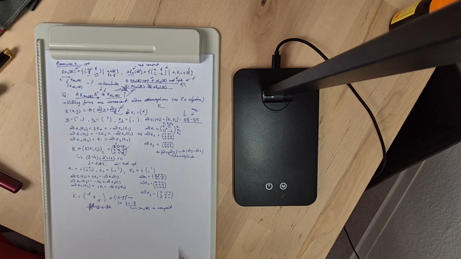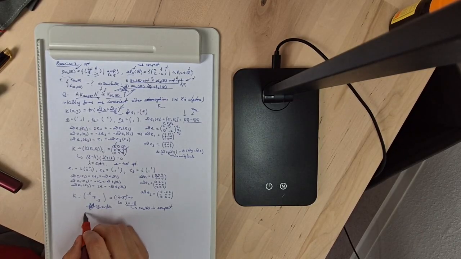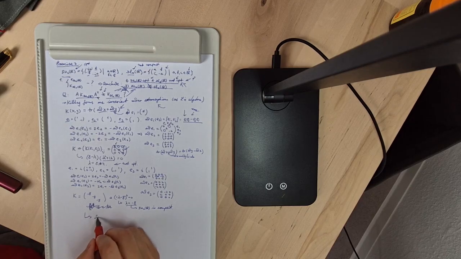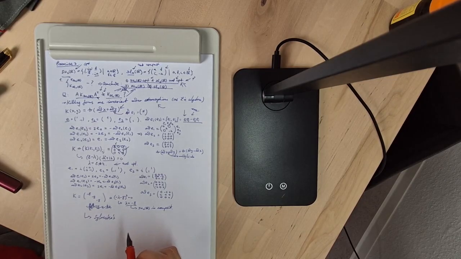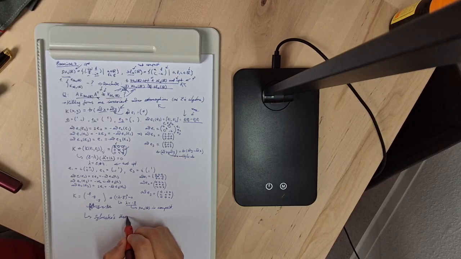I don't know if the lecture covered that compact cannot be isomorphic to non-compact. So I think I'll argue with myself that, I don't know how it is exactly called, the Sylvester's theorem, I guess.